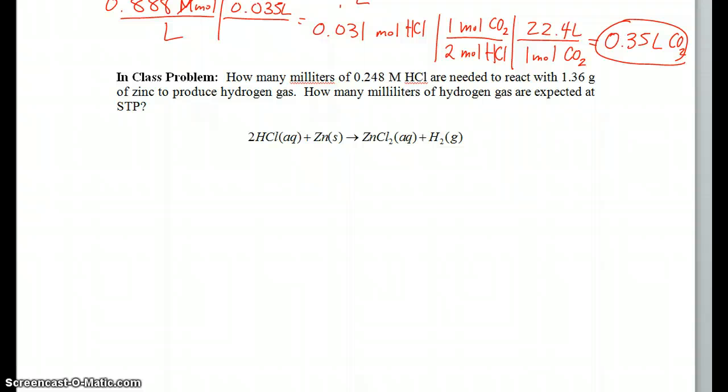Okay, so you're looking for how many milliliters of hydrogen gas are expected, and your answer there should be 466 milliliters of hydrogen gas. And then the first part asks how many milliliters of hydrochloric acid are needed to react, and the answer to that part is 168 milliliters of HCl.